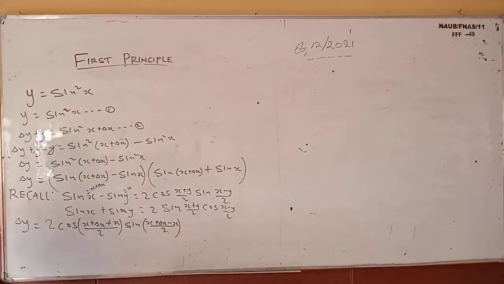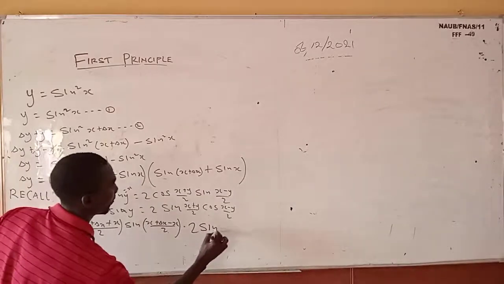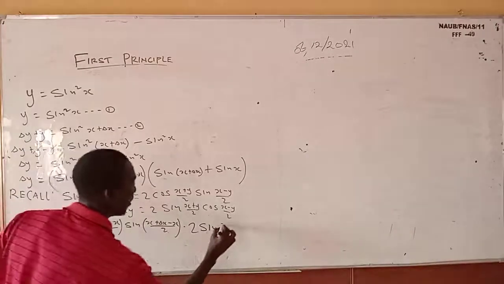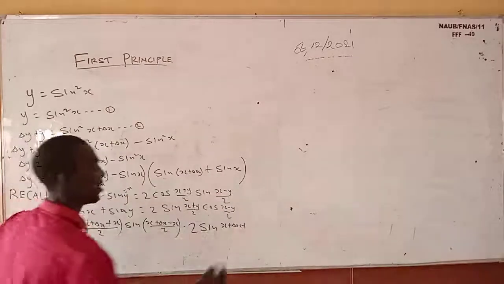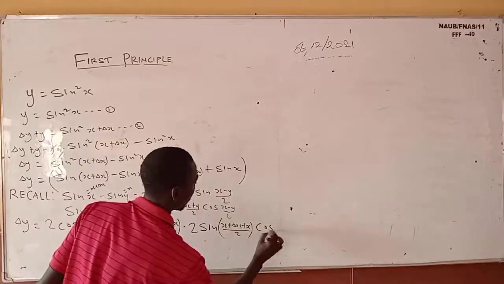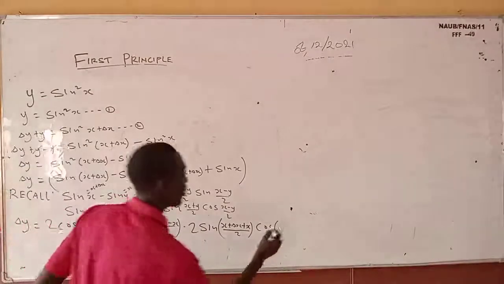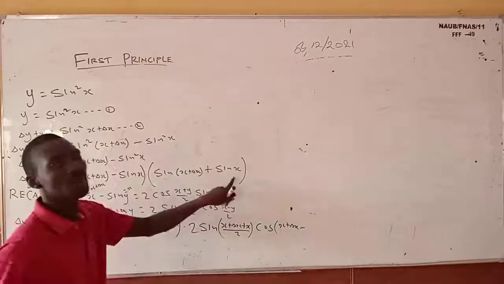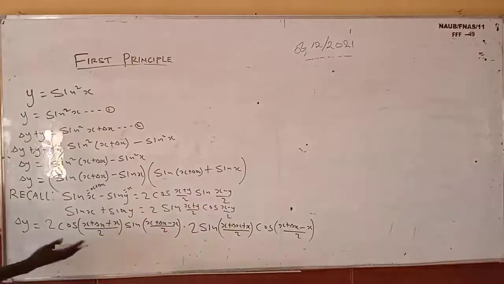And this gives us 2 sin of (A plus B) over 2, where A is x plus change in x and B is x, times cos of (A minus B) over 2, where A is x plus change in x minus B, B is x, all over 2. So you can see it is somewhat long, but it's very simple.